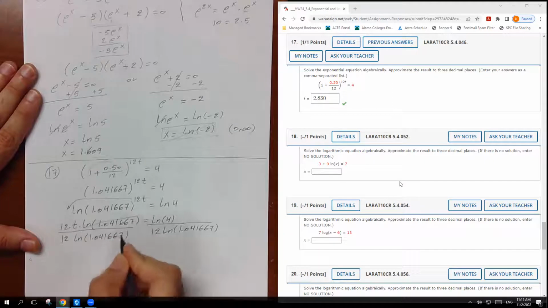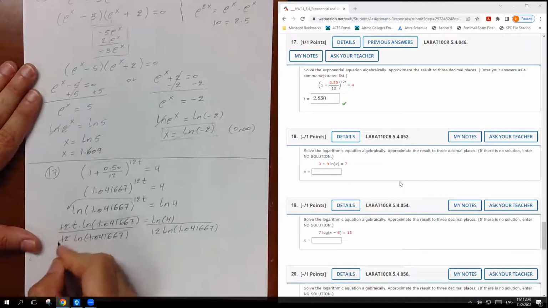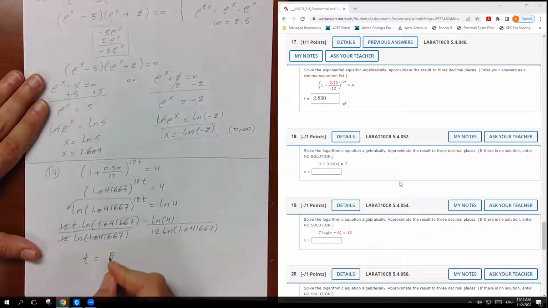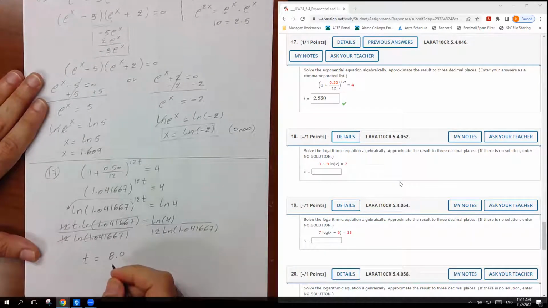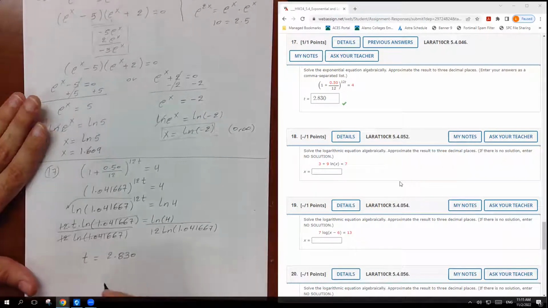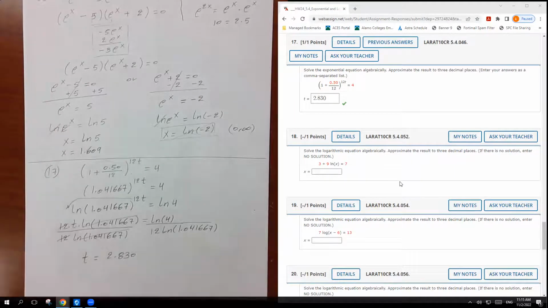Cancel the ln with the ln, 12 with the 12, the left is just t equal. Use the calculator, it's going to be 2.830, and be careful when you plug in 2.830. You have to round the number, and let me show you how you're going to plug in.